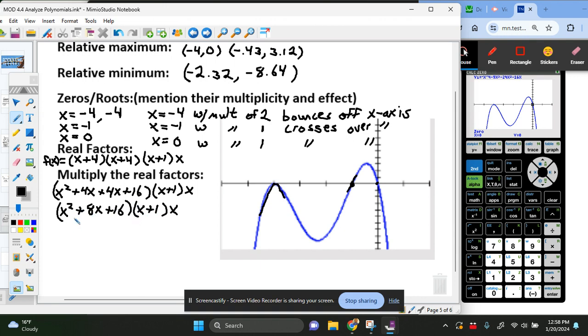So we got x times x squared, x cubed, x times positive 8x is 8x squared, and then x times 16 is positive 16x. Distributed the x with all the 3 of those terms. Now I got to distribute 1 with each one of these terms.